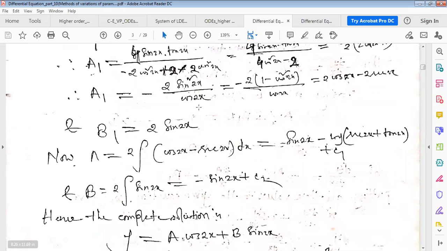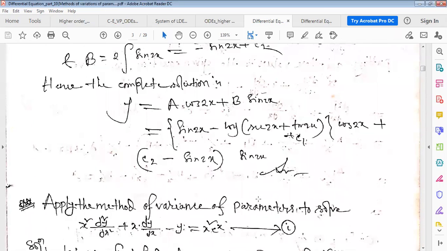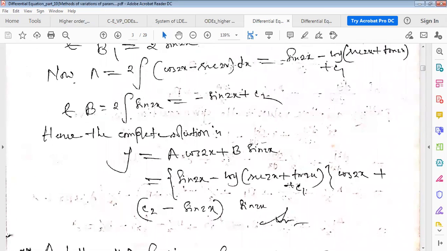So b equals just integrating this on both sides, 2 into the integration of this. The integration of sin 2x we get minus this one. So hence the complete solution, just putting the values of a and b, is this. This is the complete solution.